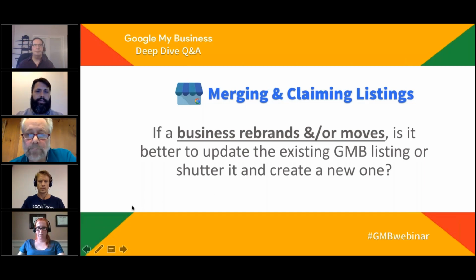The context around why Google wants to close a listing and open a new one is the experience. If there's a substantially different experience, then they feel like the old listing should be closed and a new listing created. So if the rebrand includes new product lines, a new type of service, or new people, right?